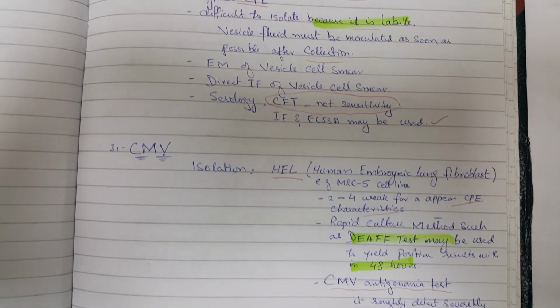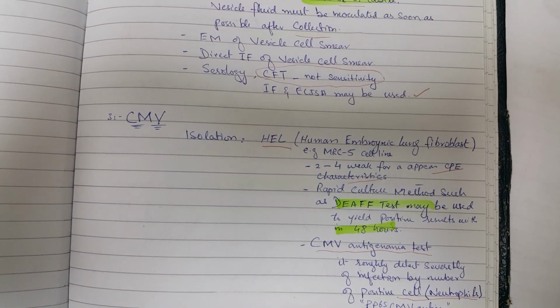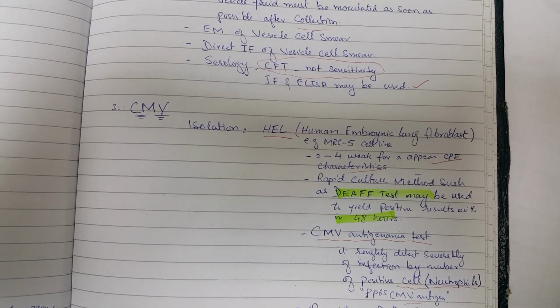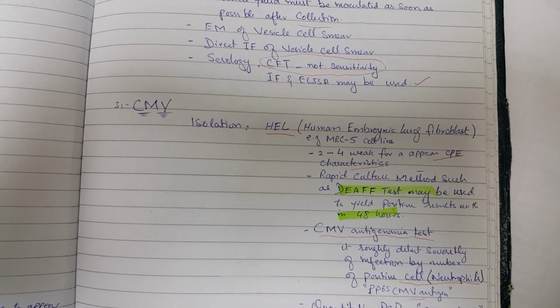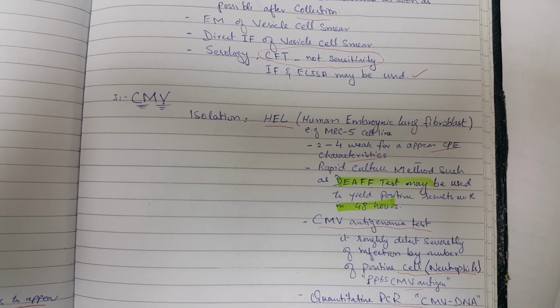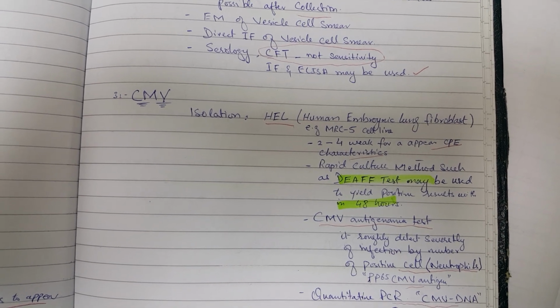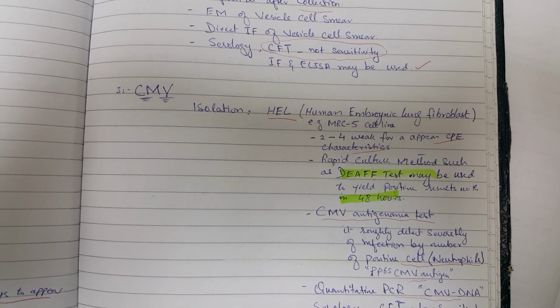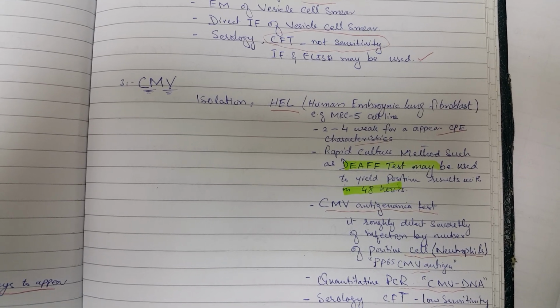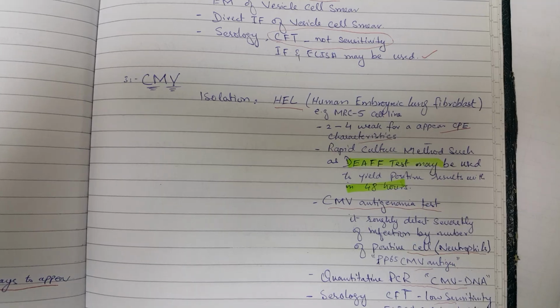In cytomegaloviruses, only human embryonic lung fibroblasts, which are MRC5 cell lines, are used, and it takes 2 to 4 weeks for the cytopathic characteristics to appear. Rapid culture methods such as the DIF test may be used to yield a positive result within 48 hours.